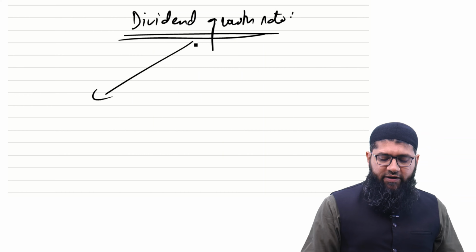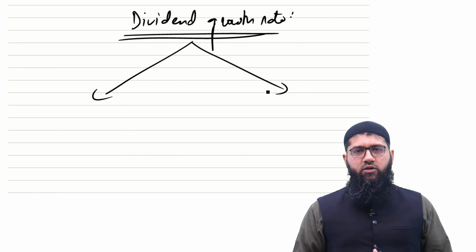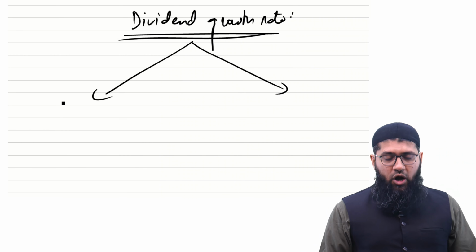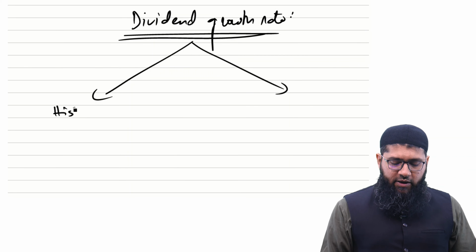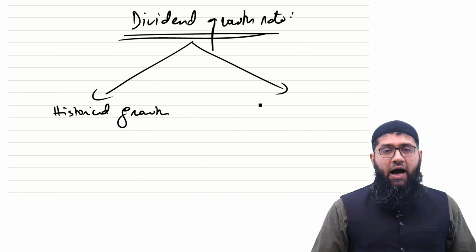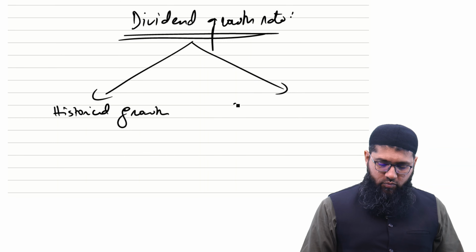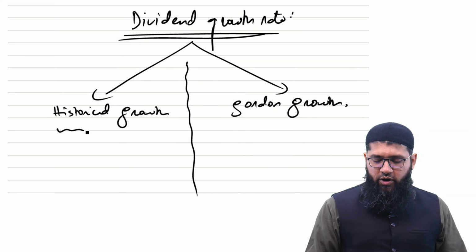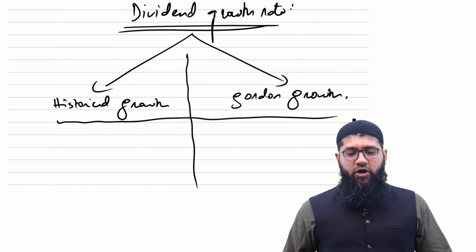The dividend growth rate could be calculated using two methods. One of them is called the historical growth model, and the other one is called the Gordon growth model.